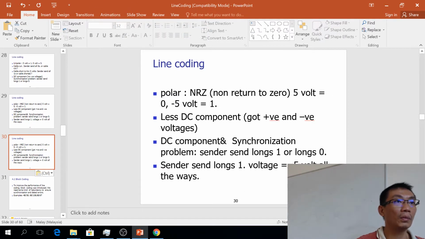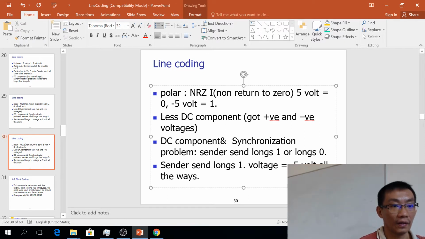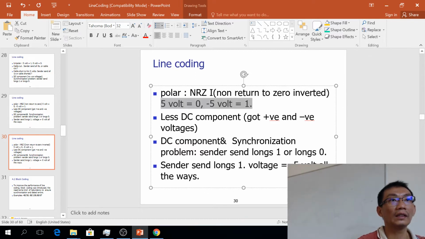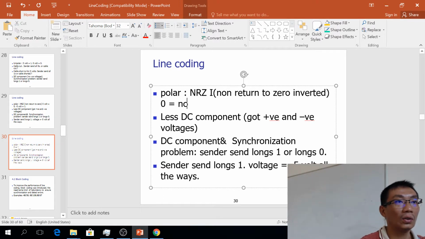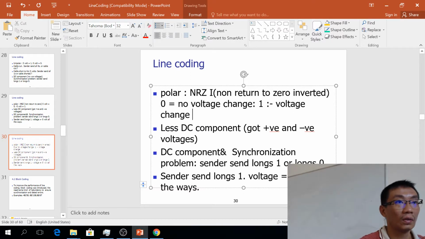The improvement will be NRZI, inverted. In NRZI inverted, 0 means no voltage change. 1 means that there's a voltage change, either negative to positive or vice versa.